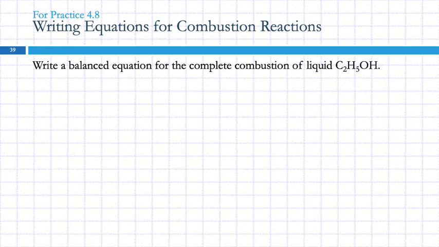We should be able to write balanced chemical equations for combustion reactions of things containing carbon, hydrogen, and oxygen. You will be told what is going to burn. Here, this happens to be the chemical formula for ethanol: write a balanced equation for the complete combustion of liquid C2H5OH.